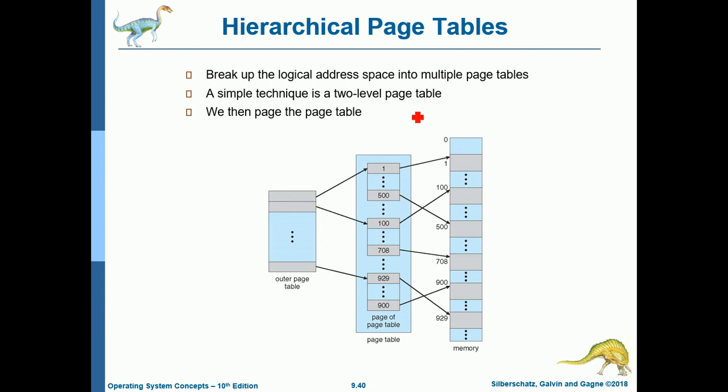So this is a two-level page table. Each of these will have its own physical address in memory. We then page the page table. That's the hierarchical page table.